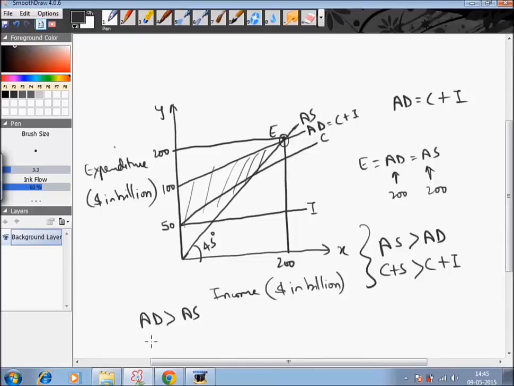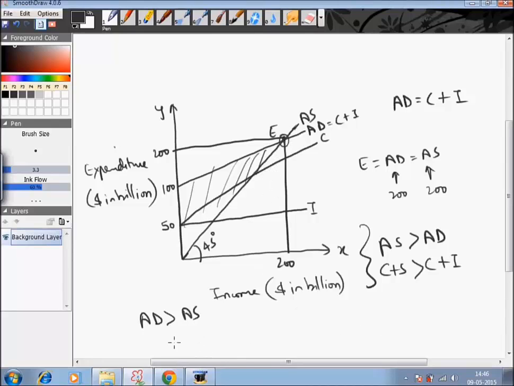So when they realize that the demand for their product is more in the market, they will start producing more, which will create more demand for the factor services, which will again enhance the income of the households. And if the income of the households increases, they will demand more goods and services in the market, and this process will therefore continue till again we reach the point of $200 billion.